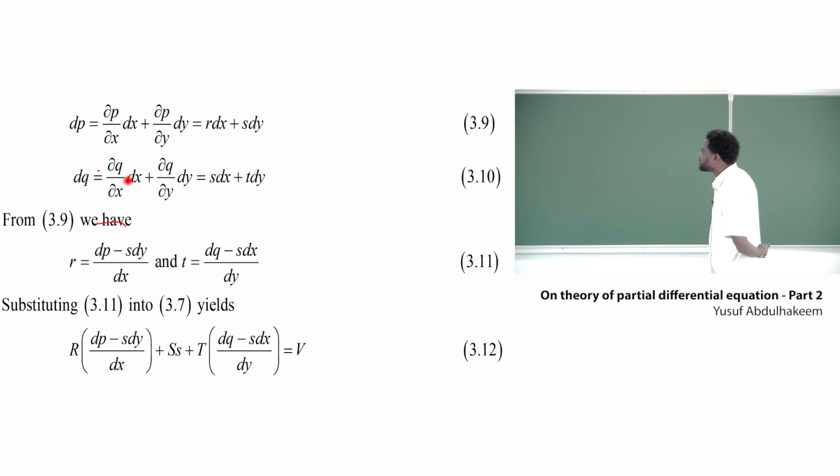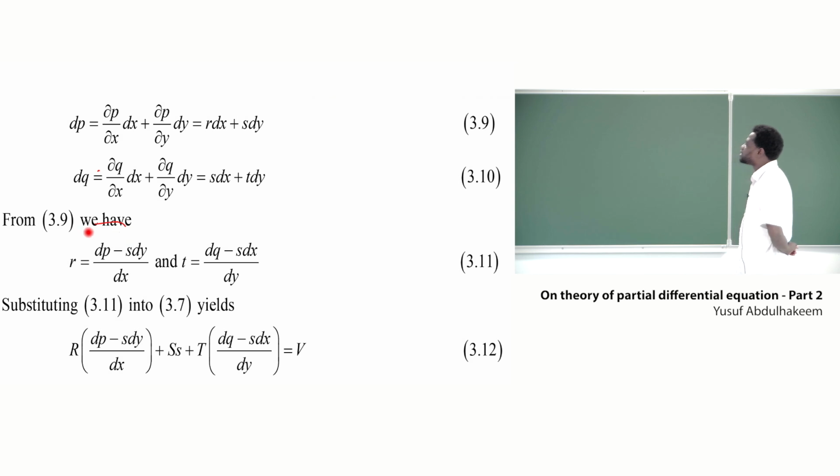The same thing goes with this also. We already know that q is ∂u/∂y, sorry, there is a typographical error here. And then here we have ∂q/∂x dx plus ∂q/∂y dy, and everything here is equal to s dx plus t dy.